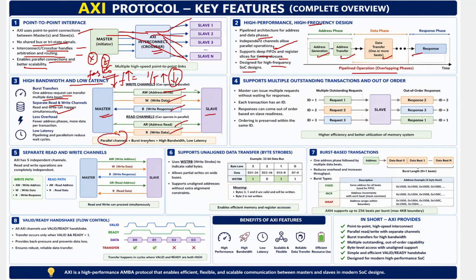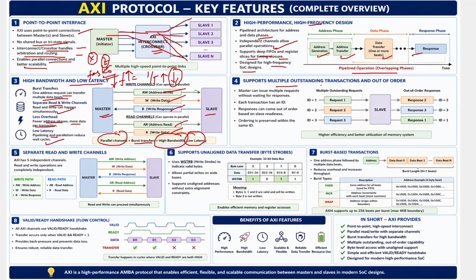Parallel channels are there. Burst transfers will be supported, based on that high bandwidth will take place. And then low latency: in a small delay only, we are transferring the huge data. There is less overhead, few address phases and more data transactions. Low latency pipelining and parallelism will reduce the waiting cycles.